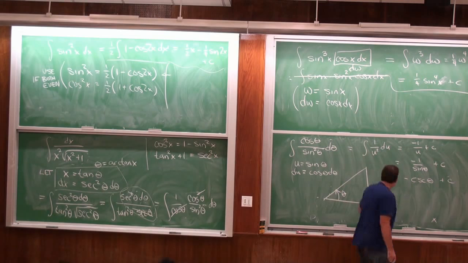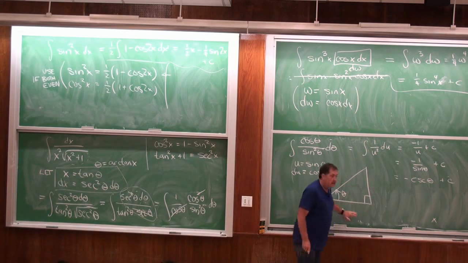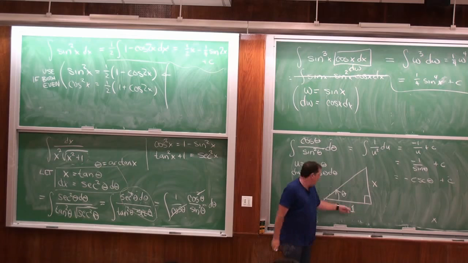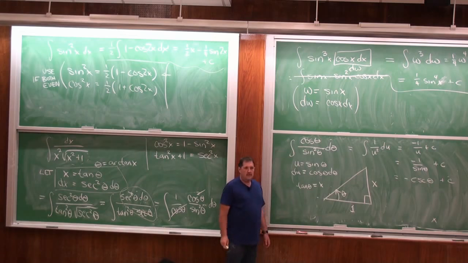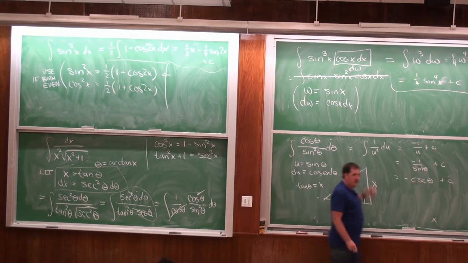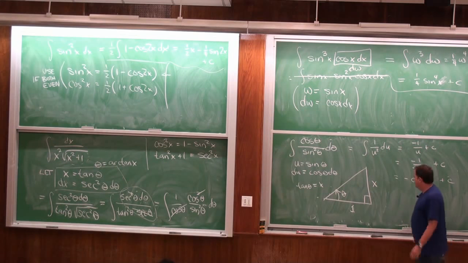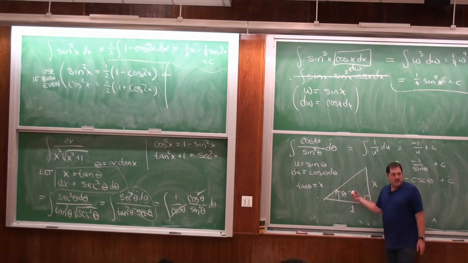The tangent is the opposite over the adjacent. And I want the tangent of this angle to be x. So if this is x and this is 1, then the tangent of theta is x. That means that this hypotenuse, I use the Pythagorean theorem, is this squared plus this squared, take the square root.